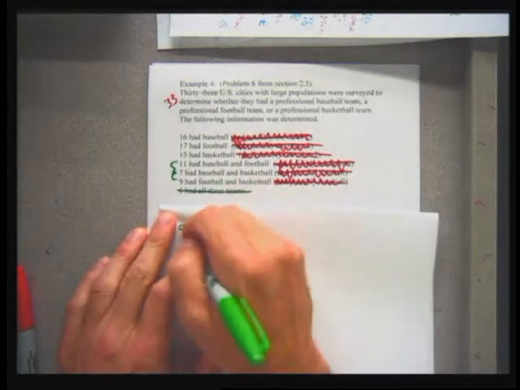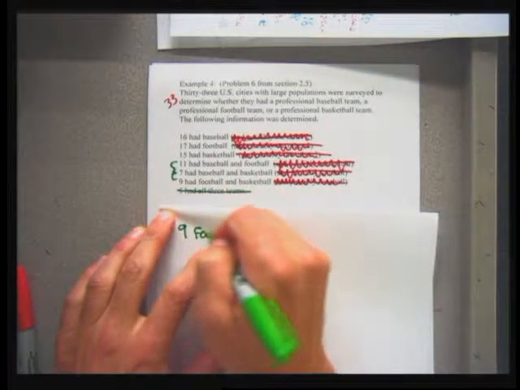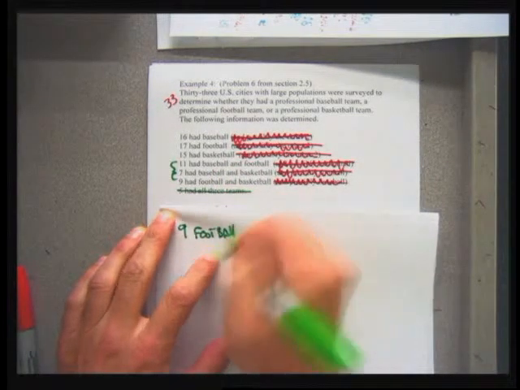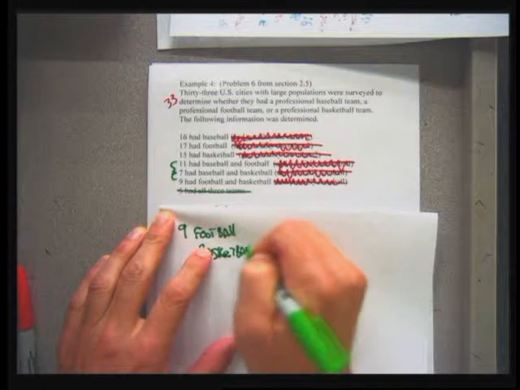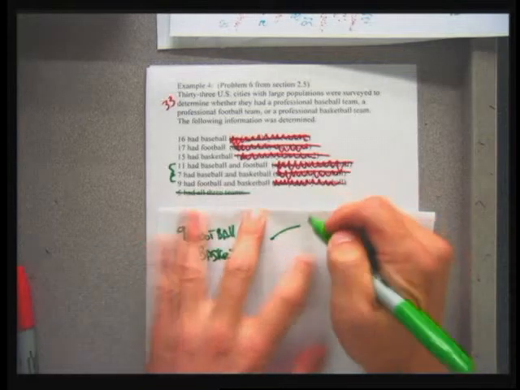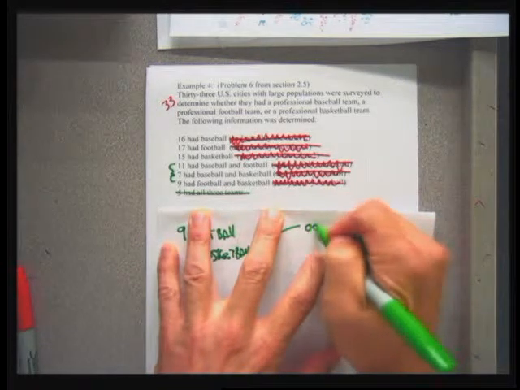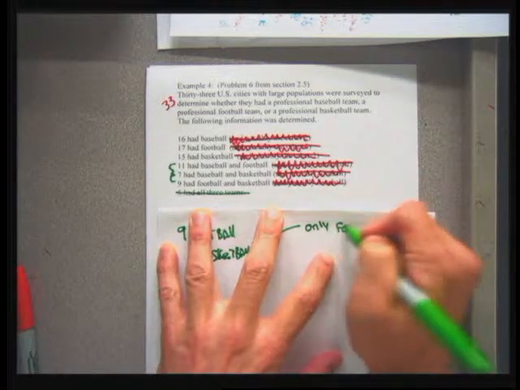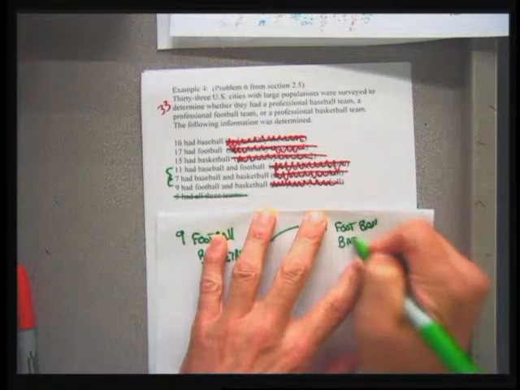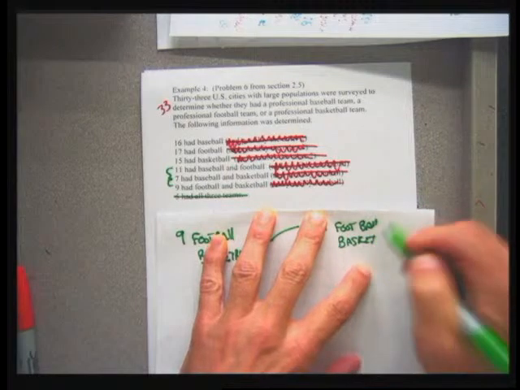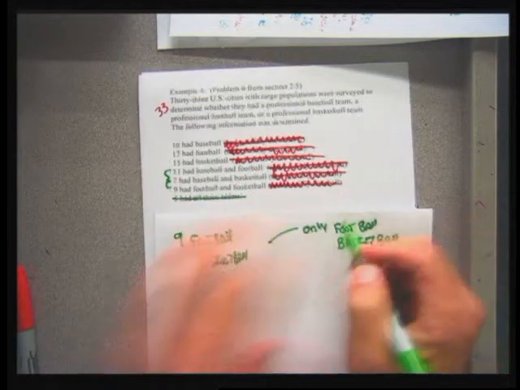So the line that says 9 have football and basketball doesn't mean they only have that. They might also have baseball. So this 9 is broken up into some cities that only have football and basketball, and some that have all 3.